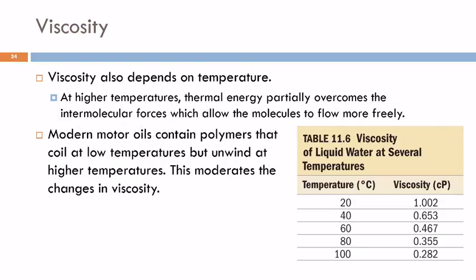If you heat the honey up, it'll flow more easily, right? When you heat molecules, they have more kinetic energy, and so now they're more able to break those intermolecular forces. So heating decreases viscosity.